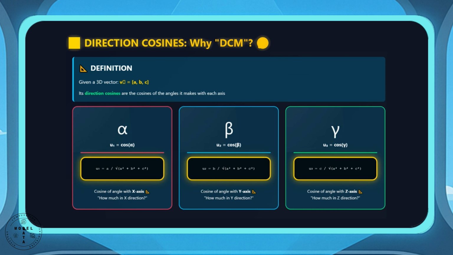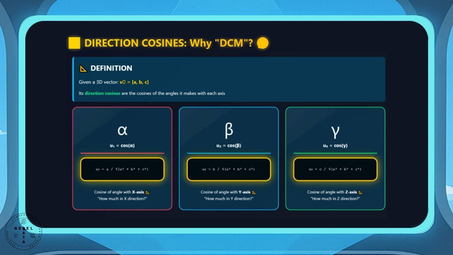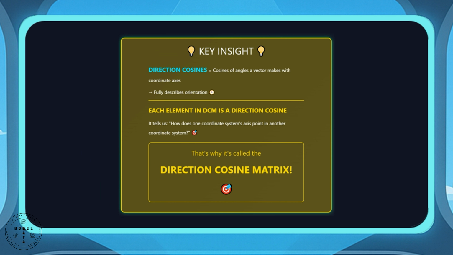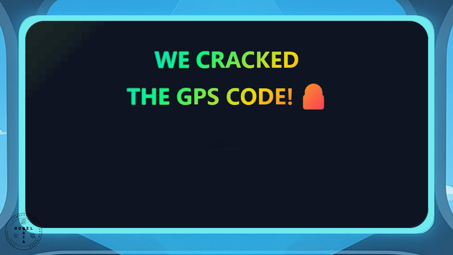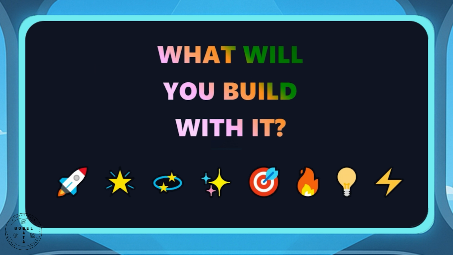So the next time you're in class working through a matrix problem, don't just see a grid of numbers. See a set of instructions. See a rotation, a reflection, a powerful tool for translation. See the engine behind GPS. This magic? It's just math. And the only real question left is, what will you build with it?